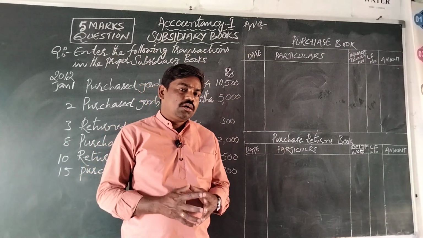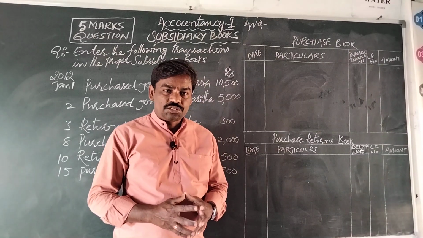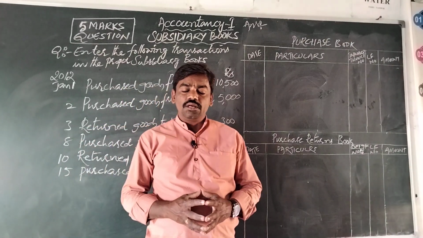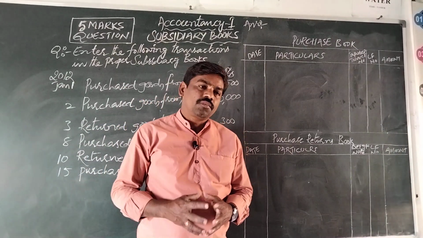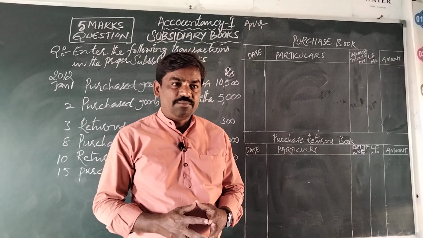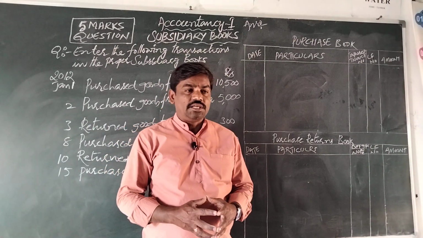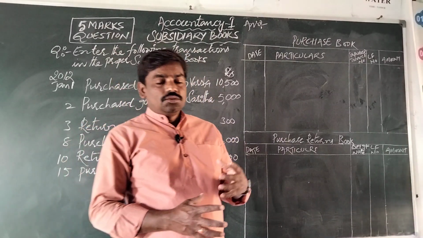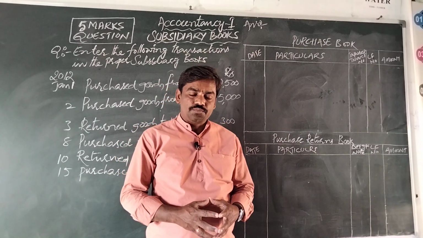There are a total of 8 subsidiary books, namely: 1, purchase book; 2, purchase returns book; 3, sales book; 4, sales returns book; 5, cash book; 6, bills receivable book; 7, bills payable book; and 8, the last and final one, journal proper. All these subsidiary books were explained in the previous videos.